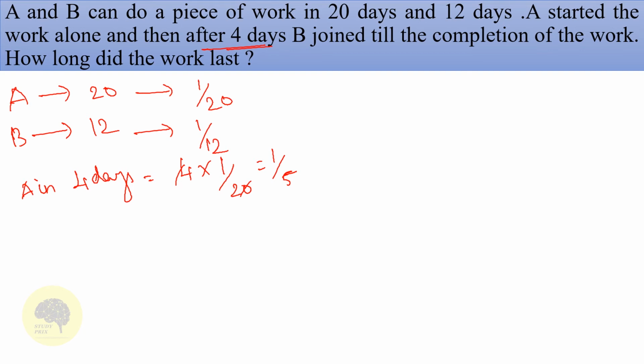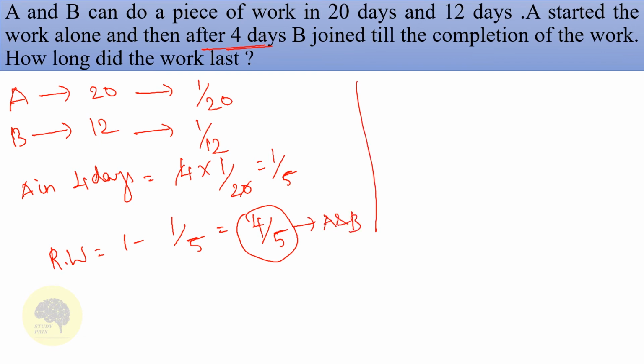And the remaining work was done by A and B together. Therefore remaining work 1 minus 1 by 5 we will get 4 by 5. Therefore 4 by 5 amount of work can be done by A and B together. For this we have to find the work done by A and B together in 1 day, which is nothing but 1 by A plus 1 by B. Therefore 1 by 20 plus 1 by 12.